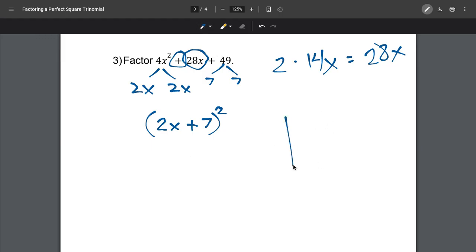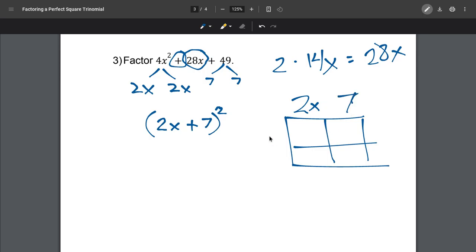And again, we can check via the Punnett square here. So we've got 2x plus 7 times 2x plus 7. 2x times 2x is 4x squared. 2x times 7 is 14x. 7 times 2x is 14x.